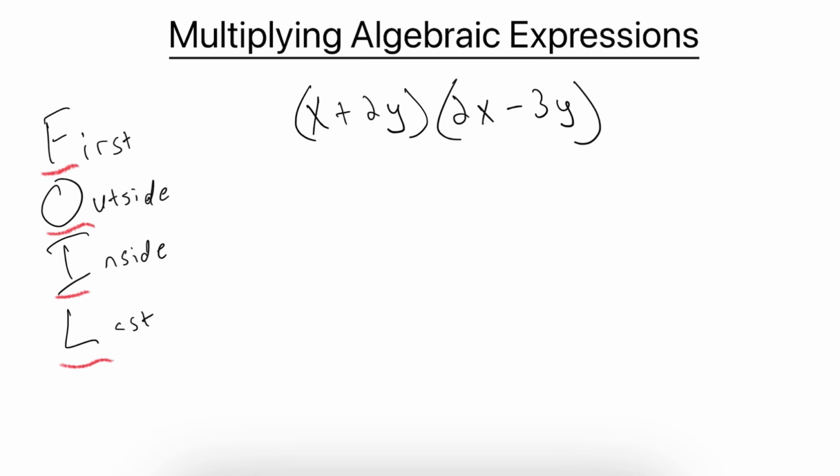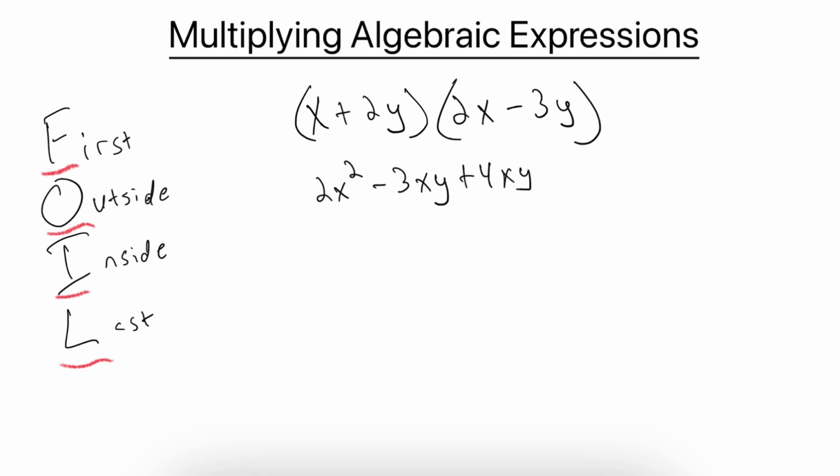And lastly, we have x plus 2y times 2x minus 3y. We'll do first, outside, inside, and last again. So x times 2x is 2x squared. X times negative 3y is negative 3xy. 2y times 2x is 4xy.